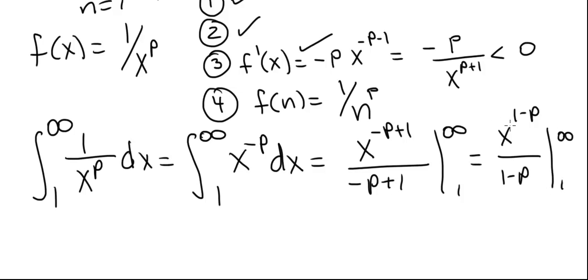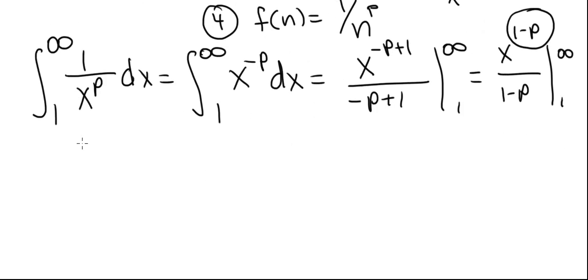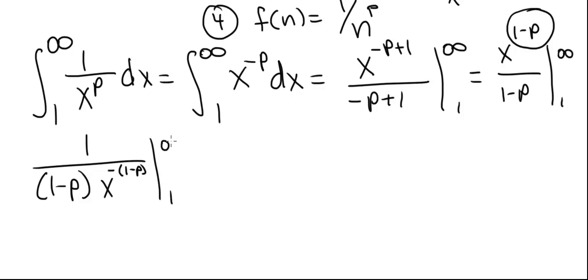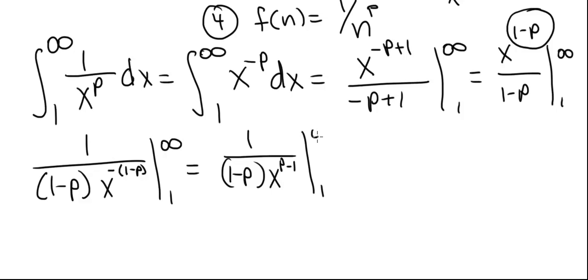Note that because p is greater than 1, this exponent 1 minus p is negative. So by basic rules of algebra, we can rewrite this as 1 divided by 1 minus p, and then x to the negative of the exponent. So this is 1 divided by 1 minus p, x to the p minus 1, evaluated from 1 to infinity. Now remember, p minus 1 is positive.